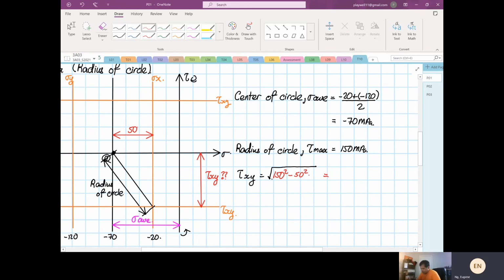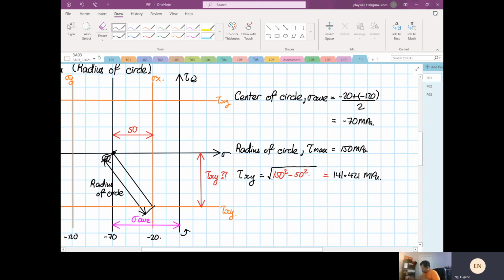So 150 squared minus 50 squared, square root, is equal to 141.421 megapascal.